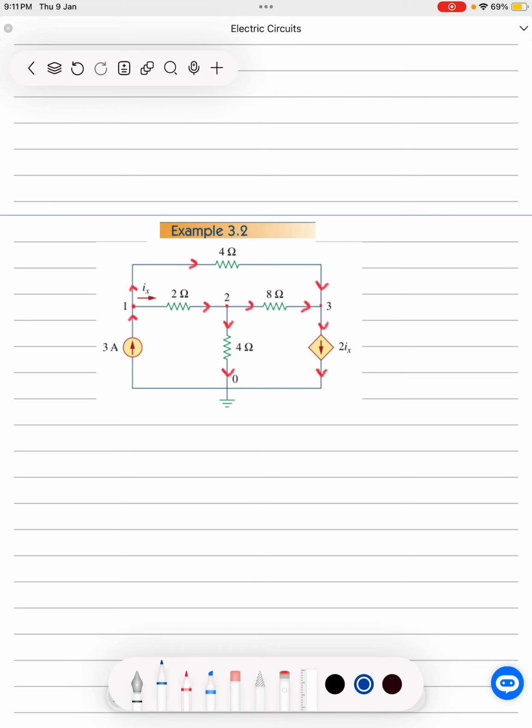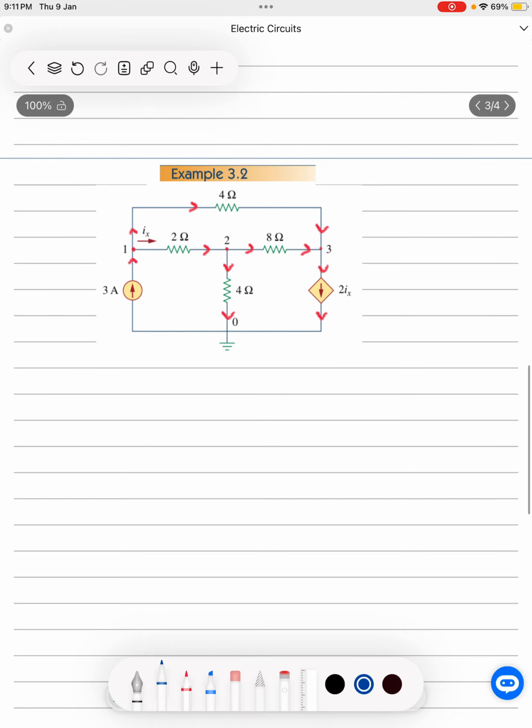Okay, so now we're going to be applying Kirchhoff's current law, which is KCL, on each respective node. Kirchhoff's current law states that current entering a junction is equal to current leaving the junction. So in node V1, let us first write KCL applied to node V1.